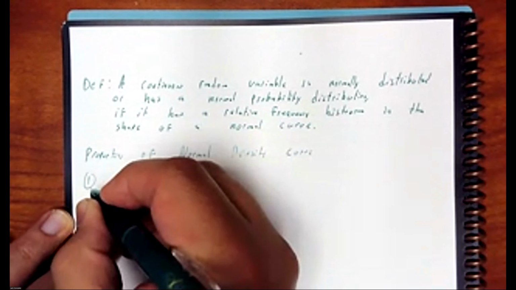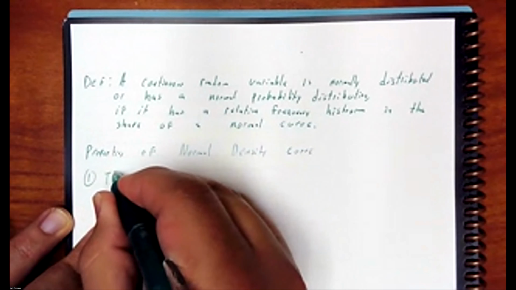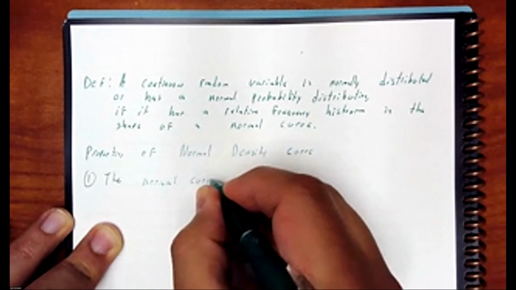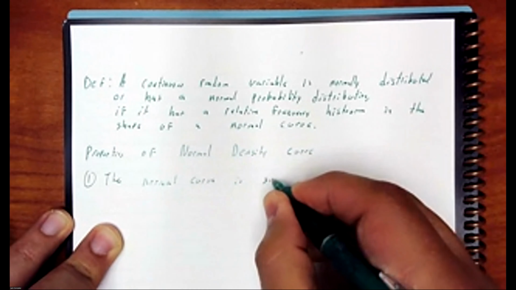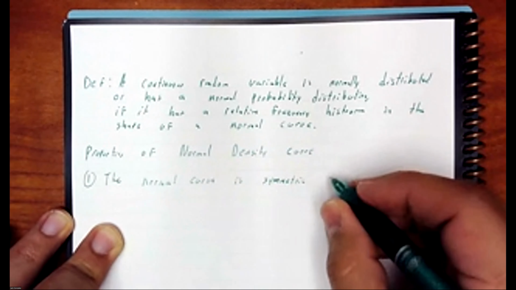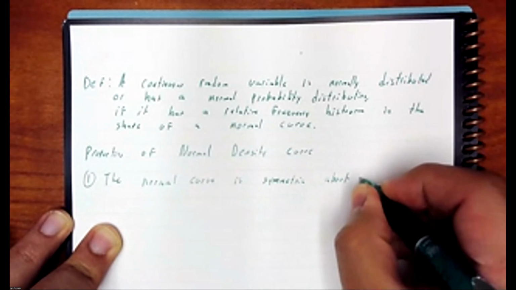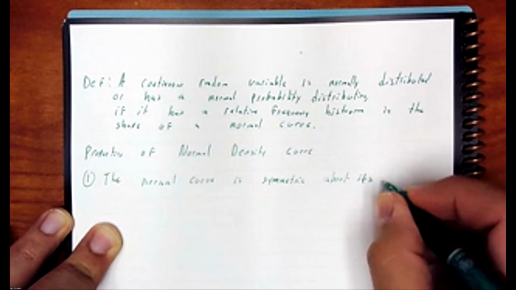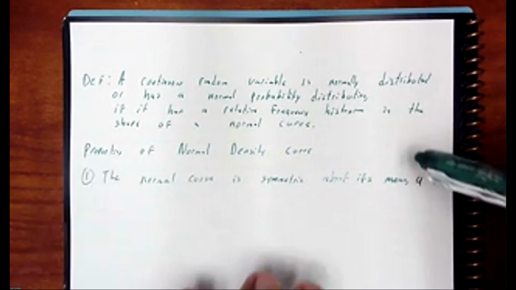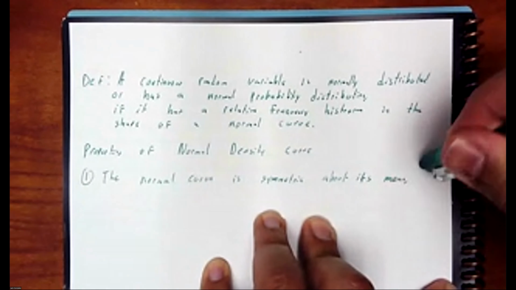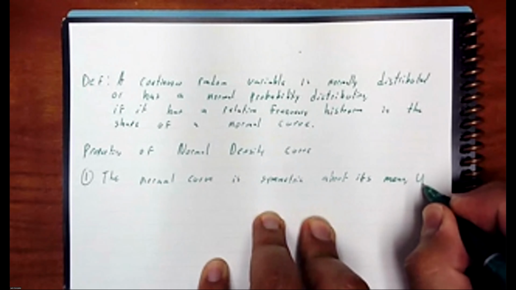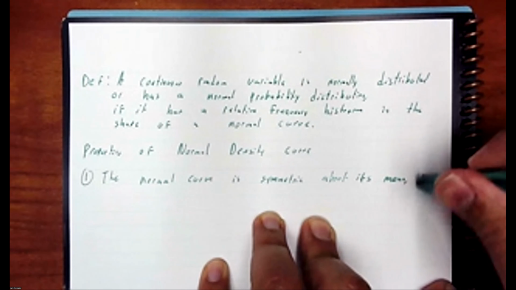Number one, the normal curve is symmetric about its mean, mu. Lowercase mu, the Greek letter. Not a cat sound effect. No, it's backwards.